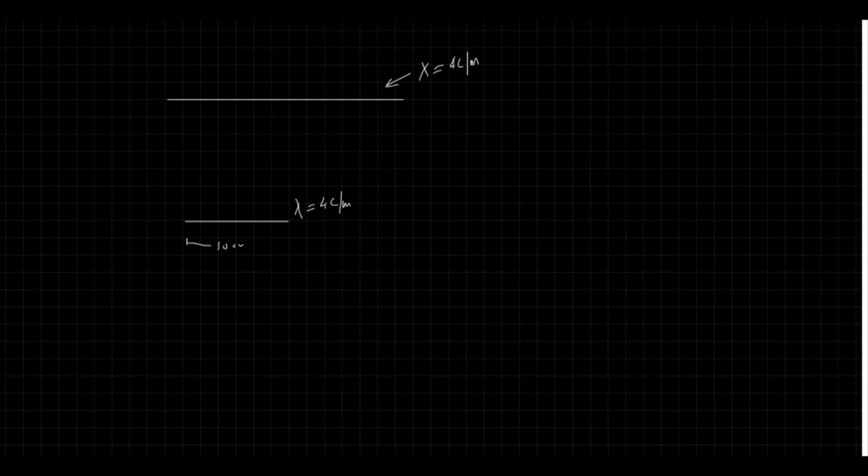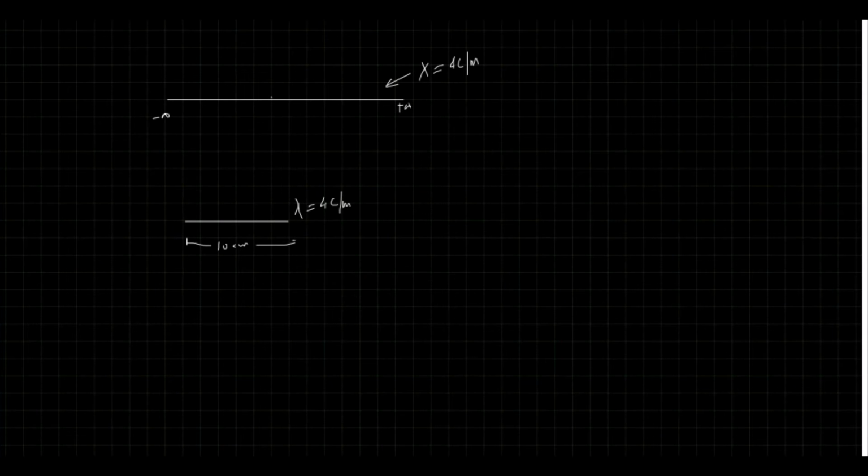What I mean to say is, let's say I give you a question here. This is an infinitely long wire and this is only a 10 centimeter or 5 centimeter wire. In this case lambda is equal to, let's say, just a number, 4 coulomb per meter, and here also lambda is equal to 4 coulomb per meter. This wire is 10 centimeter long and this is infinitely long.